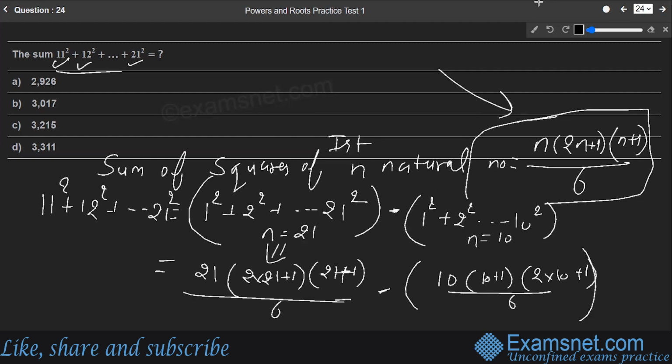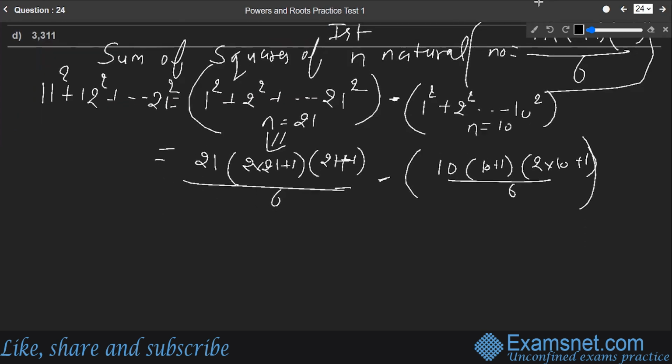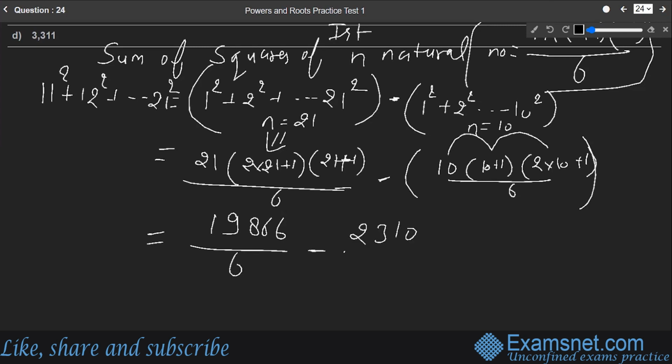If you solve this further together, the first term comes out to be 21 into 43 into 22, which is nothing but 19,866 divided by 6, minus the next term, 10 into 11 into 21, which is nothing but 2,310 divided by 6.